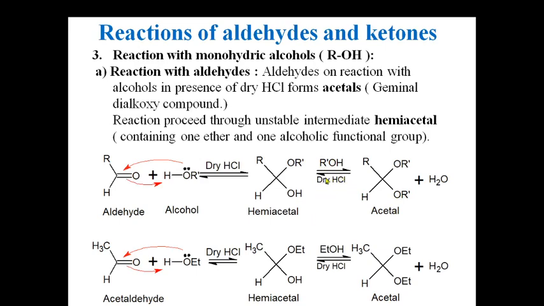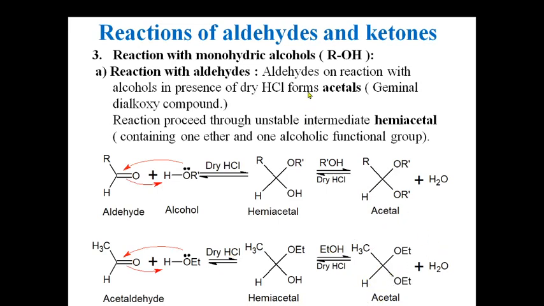Here we are using dry HCl because the side product water should be absorbed by that HCl. Otherwise the reaction will go reversed and you will again get the carbonyl compound. Similarly, if you take acetaldehyde and react with ethyl alcohol, you will get the hemiacetal, which further reacts with the next mole of ethyl alcohol to form the acetal product.